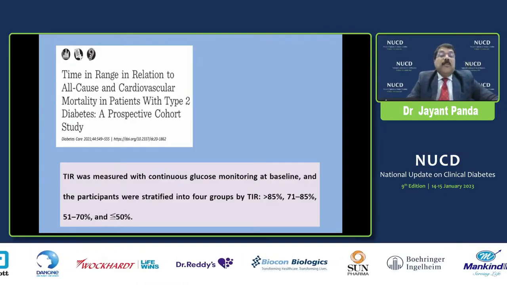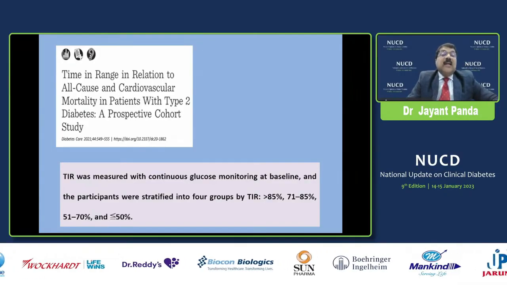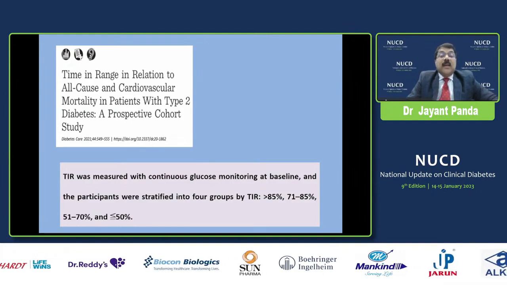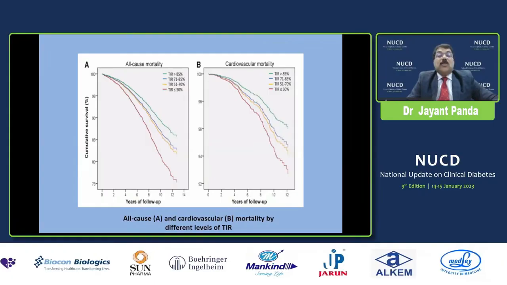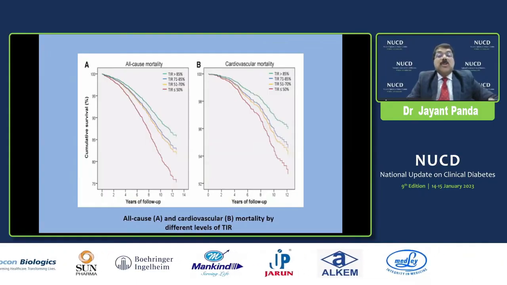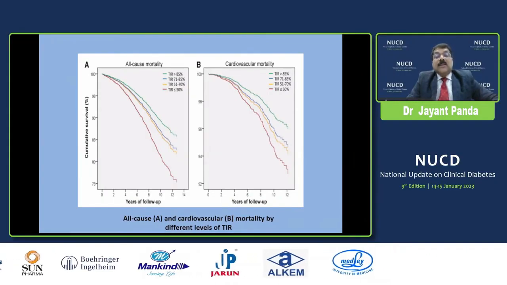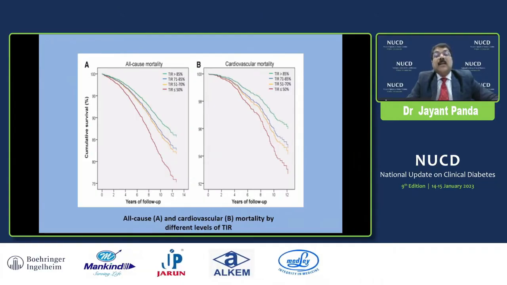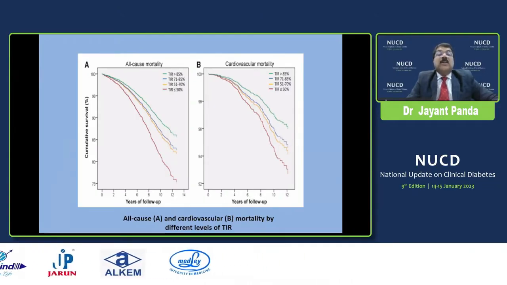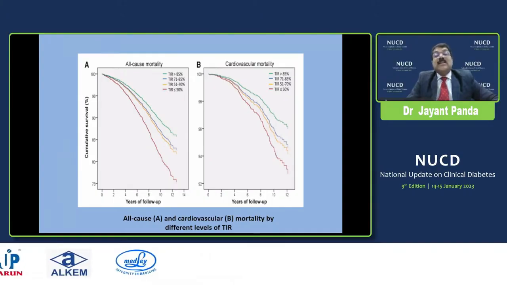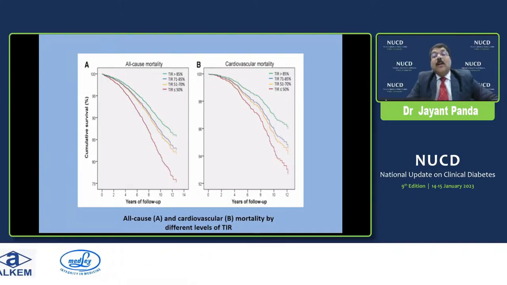I have told you the different quartiles, and this is in relation to a macrovascular complication, the cardiovascular mortality. And you can see the all-cause mortality and cardiovascular mortality with cumulative survival are different by different levels of time in range. So the more the time in range, the less the mortality, cardiovascular as well as all-cause.